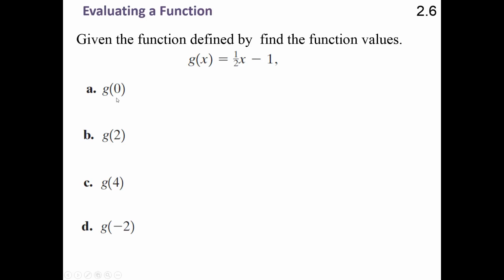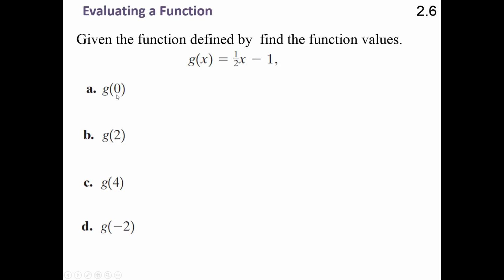So in part A, we'll evaluate g at 0. Now, x is the variable in this case, and it's called the argument of the function. So really anything that is in this location, what this function g does to it is it multiplies by 1/2 and then subtracts 1. That's what g does.